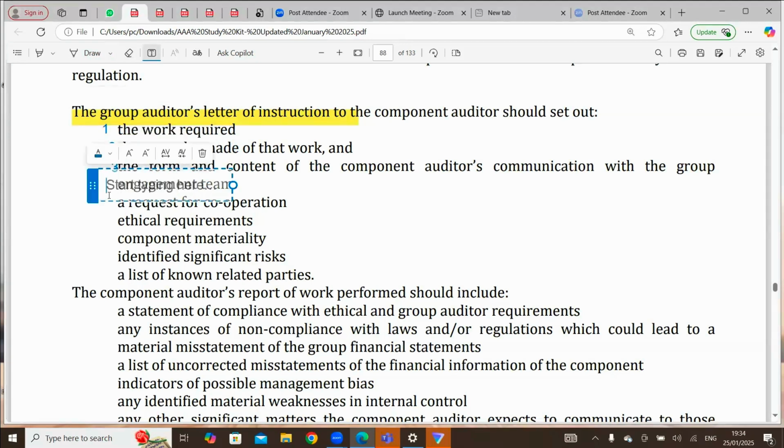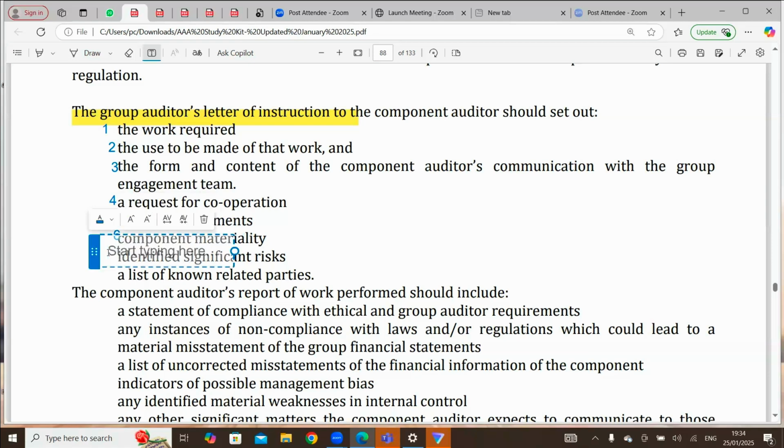Good evening. The group auditor's letter of instruction to the component auditor should set out, number one, the work required, number two, the use to be made of that work, and number three, the form and content of the component auditor's communication with the group engagement team.